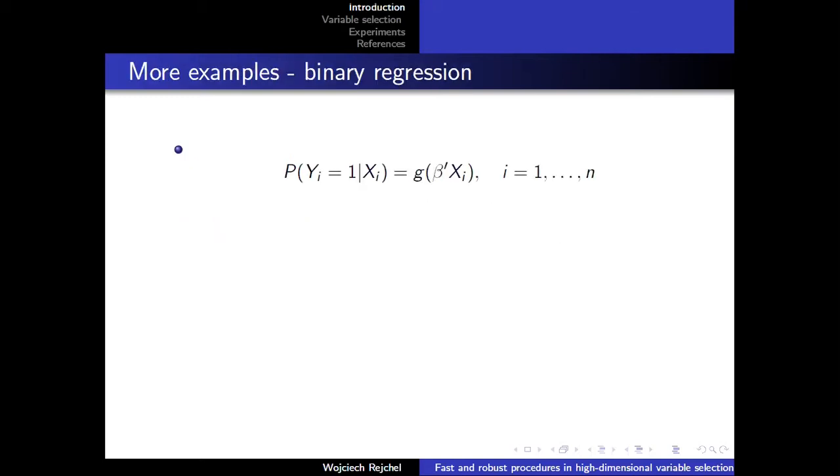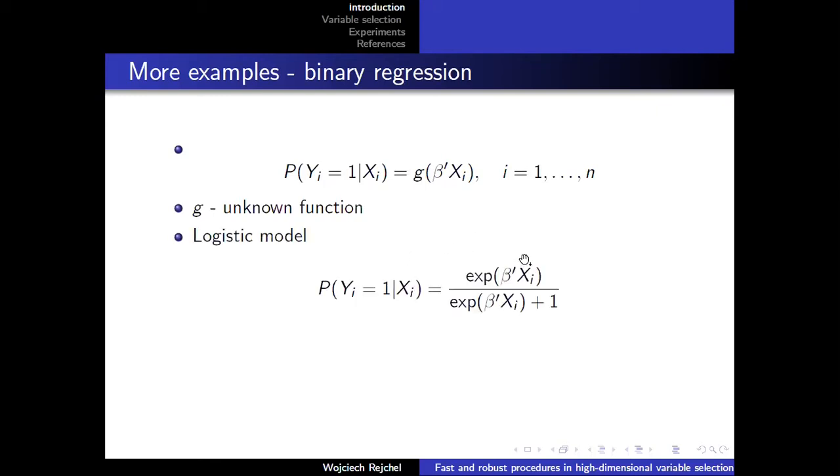We can as well consider binary regression. Let's say that our labels are 0, 1, and the probability of being 1 given predictors is defined by some function, which is unknown as well, of the scalar product of beta times x.